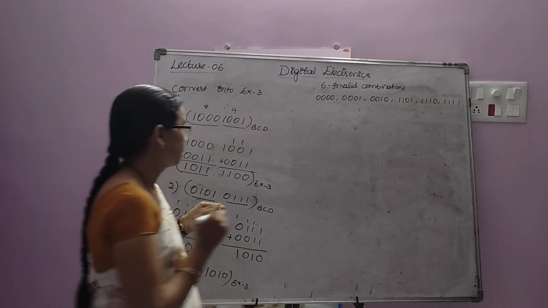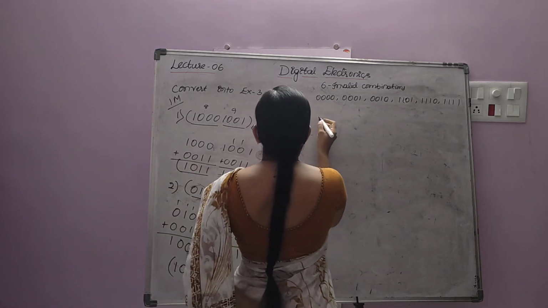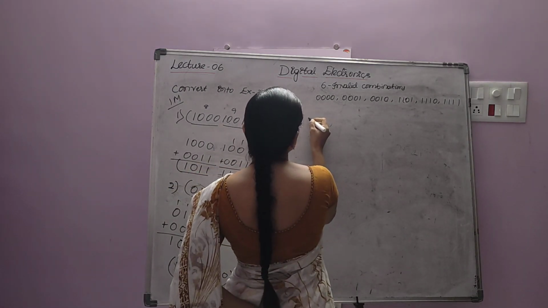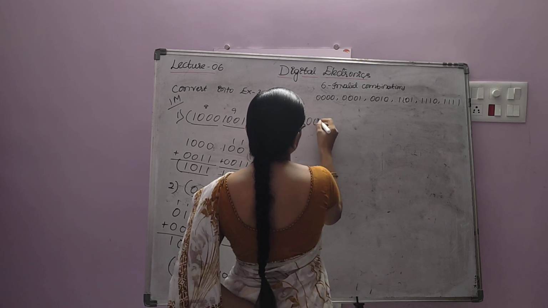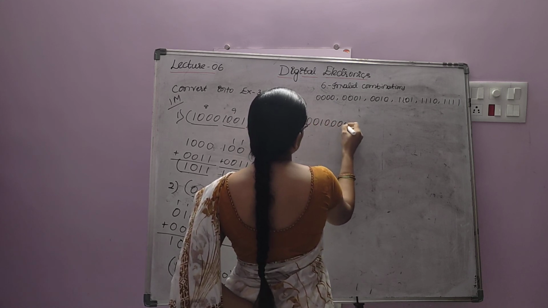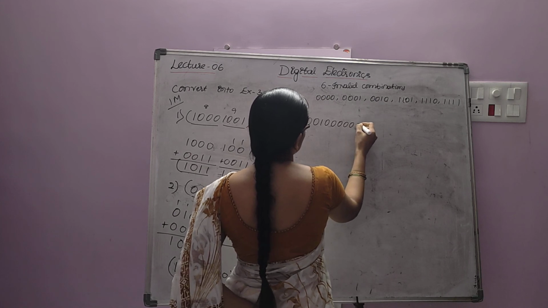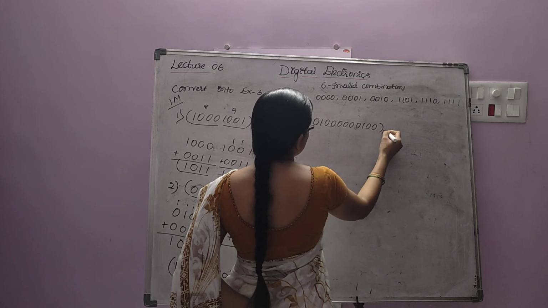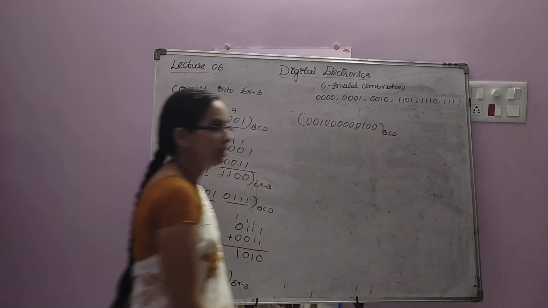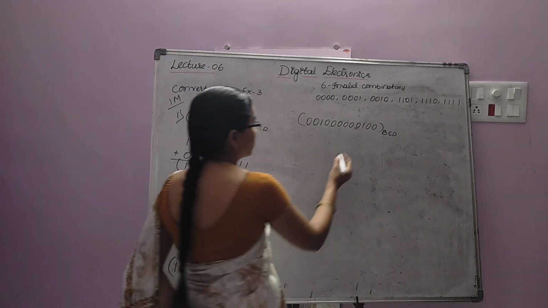Okay, I'll solve one more of BCD to excess3. This is the given BCD number. Convert this into excess3.